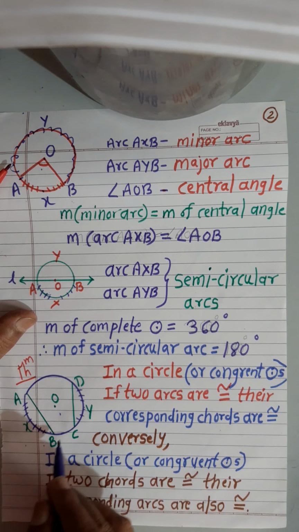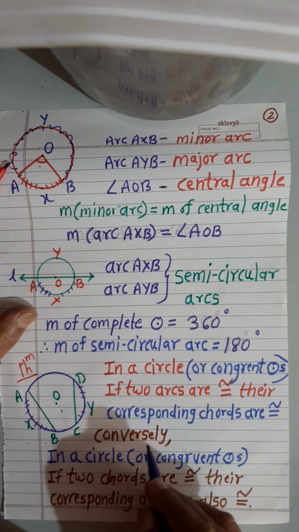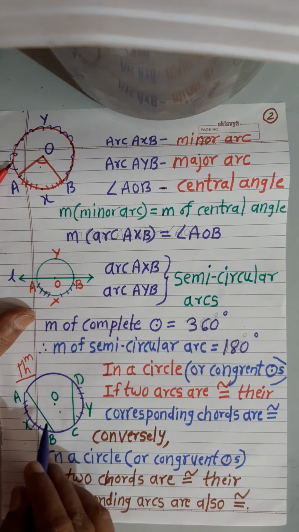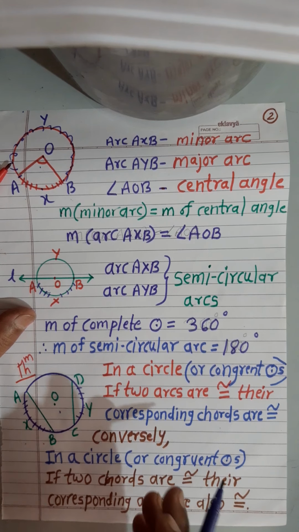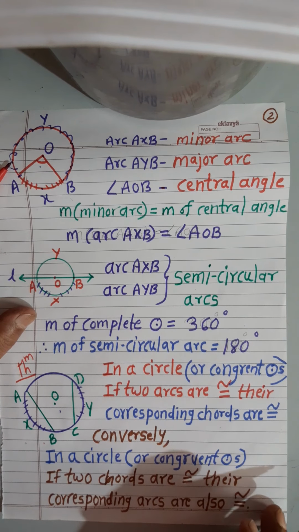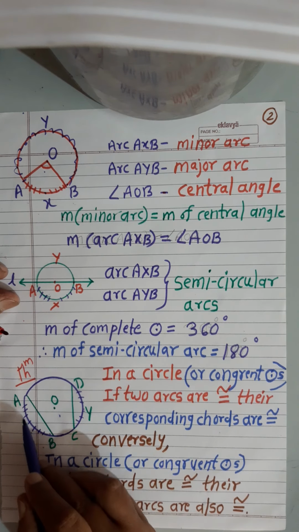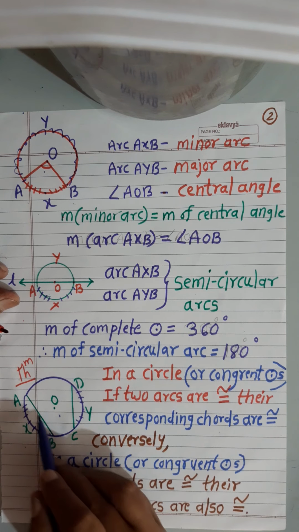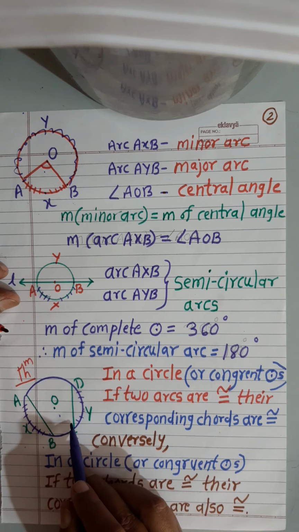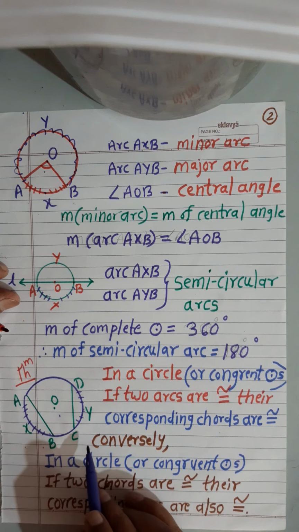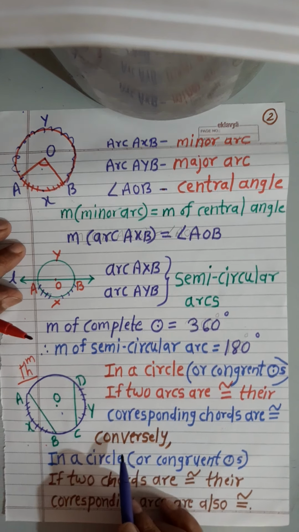What is the theorem? If in a circle or in congruent circles, two arcs are congruent, their corresponding chords are also congruent. And conversely, what is the converse?